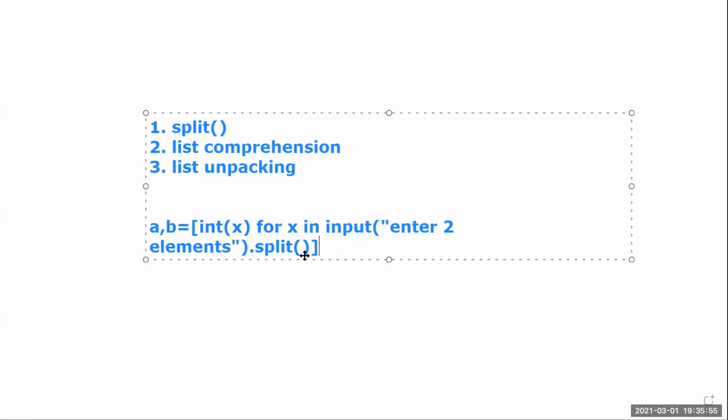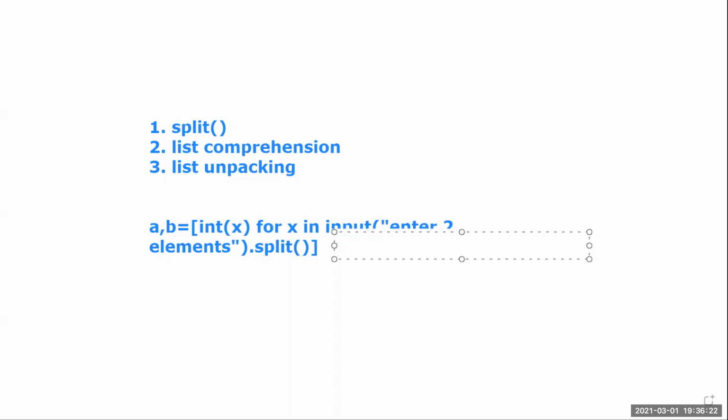So it takes a string. It will work on any string object, and it will convert that string into a list object where each and every word in that string is a list element. Here this split function by default takes a white space as a separator. Suppose if you want to use any separator, for example, here I am taking S is equal to "hello world".